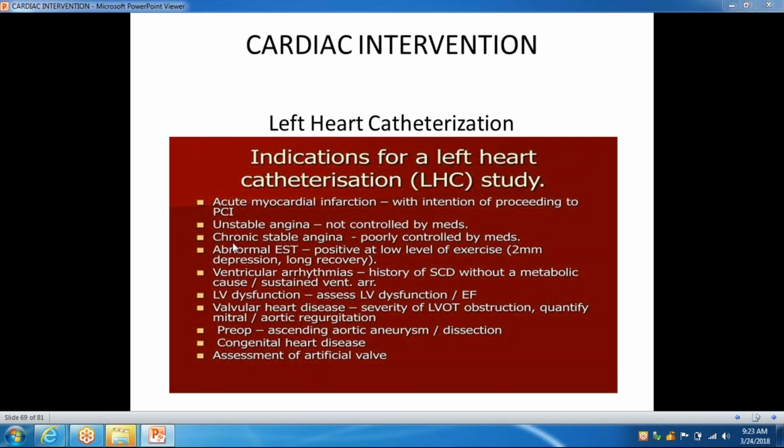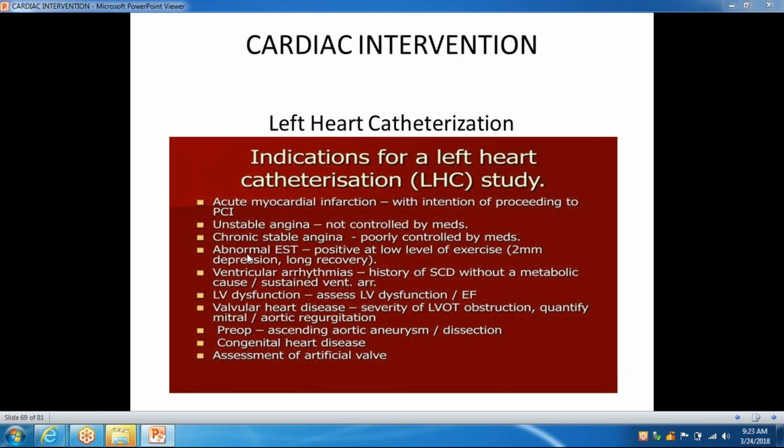And then unstable angina is if the discomfort is occurring more frequently, if it occurs with less activity, and your usual maneuvers to relieve the pain are not working. So that's unstable angina. And chronic stable angina usually occurs with a fixed amount of activity and is sort of predictable.